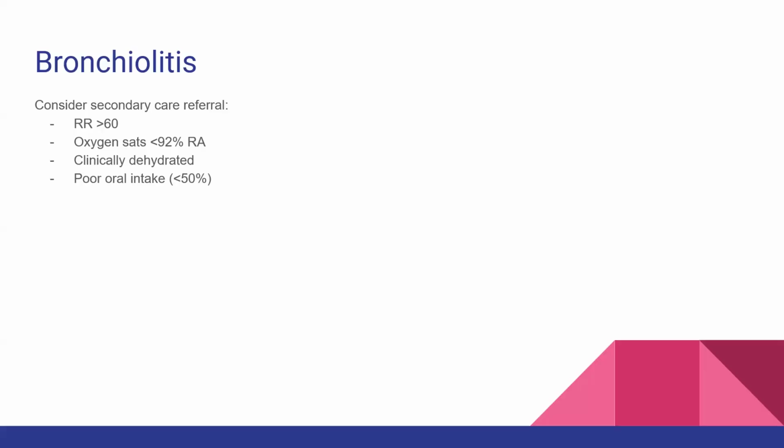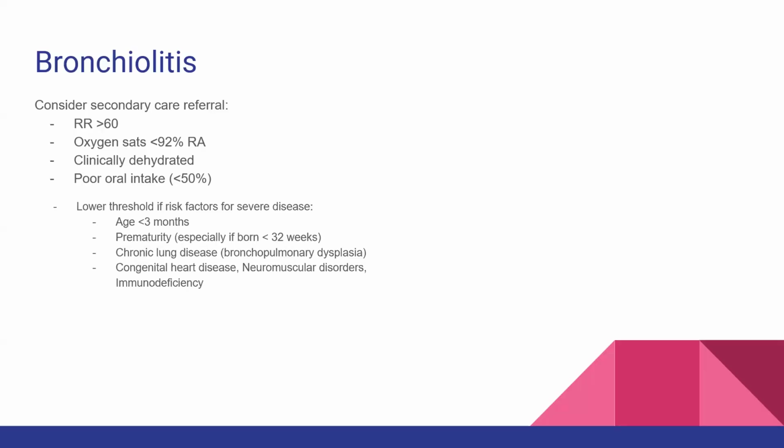For some kids, we have a lower threshold for bringing them into hospital: if they're very young, if they were premature, or if they've already got something that's going to make their breathing difficult, or already a stressor on their health, like congenital heart disease. They're easily pushed over into becoming unwell. They've got a low reserve.